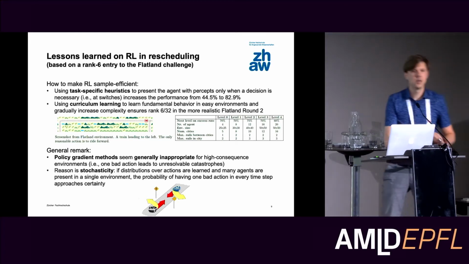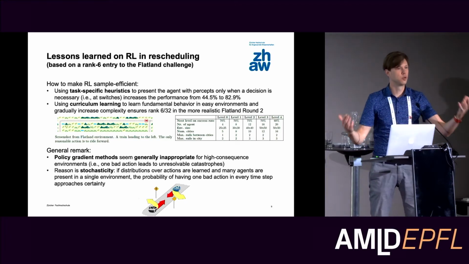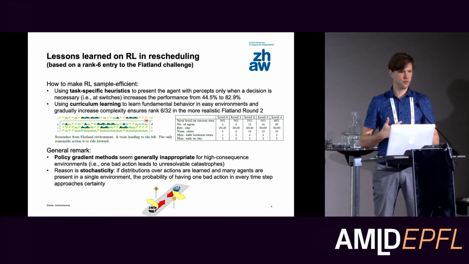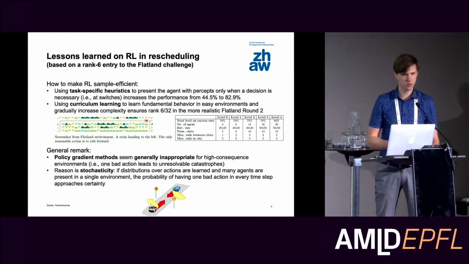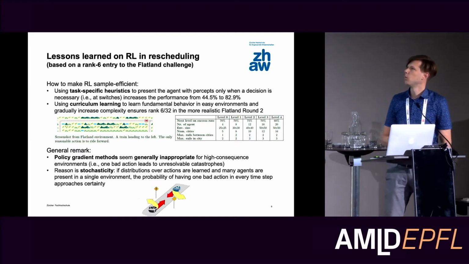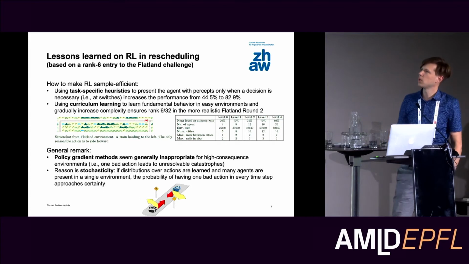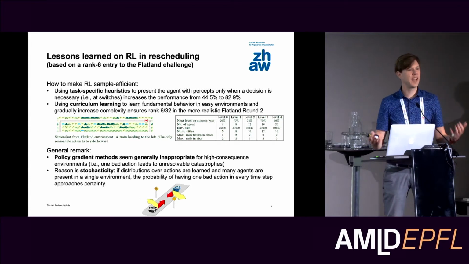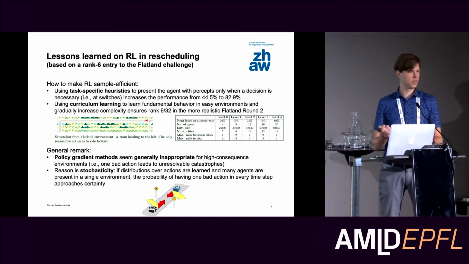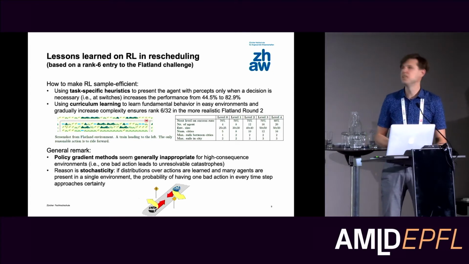So the first thing we noticed was, of course, when you work in RL, reinforcement learning is notoriously data hungry. It needs a lot of data, a lot of training in order to learn something. And we tried to figure out what kind of task knowledge can be incorporated into the learning so the learning task is eased a little bit.